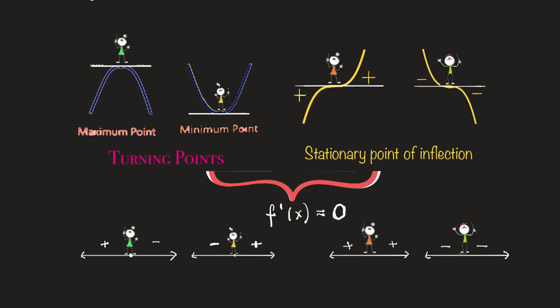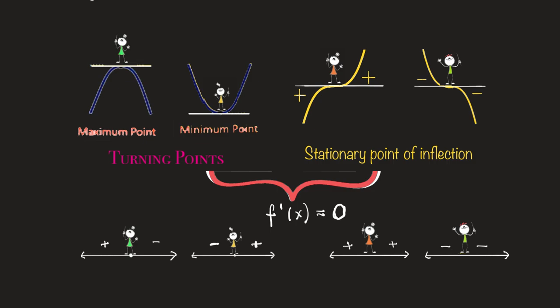And this is how you can tell the difference between turning points and stationary points of inflection. The turning points will have different signs on either side, whereas the stationary points of inflection will have the same sign on both sides.